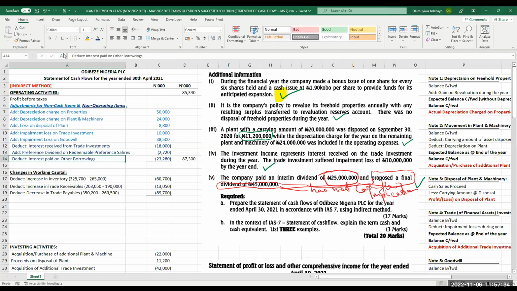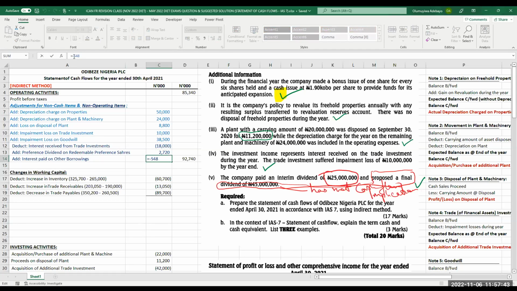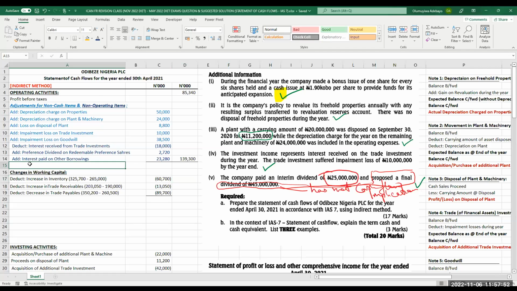Add, because it has been deducted before. Therefore, what do you do? Reverse is the case. You add. Okay. That's 139,300. Therefore, once I add that to that, I have my cash flow from operations before working capital changes.